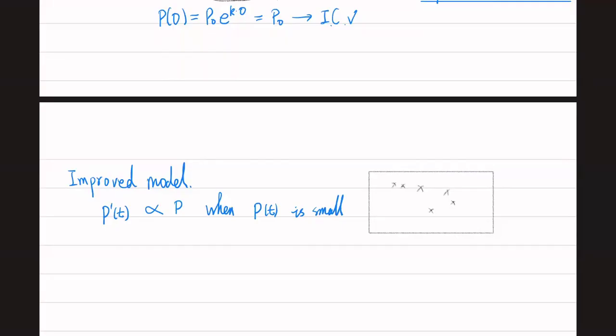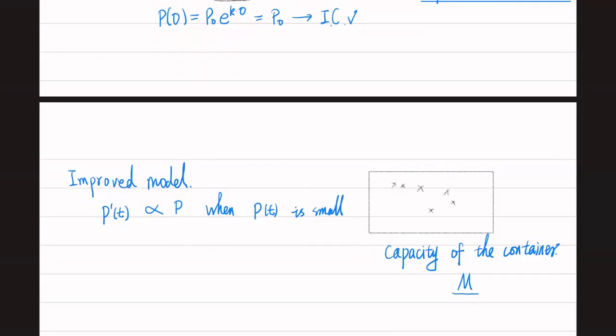We assume there's a capacity of this container. How large can the population be? We call this M, a very large number.